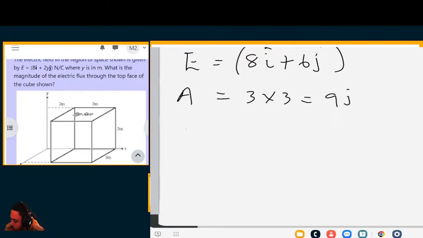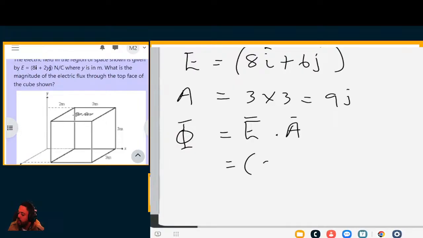So let's calculate the flux as we've been asked to. Electric flux is equal to the dot product of the electric field with the area vector. That is 8 i hat plus 6 j hat dotted with 9 j hat.